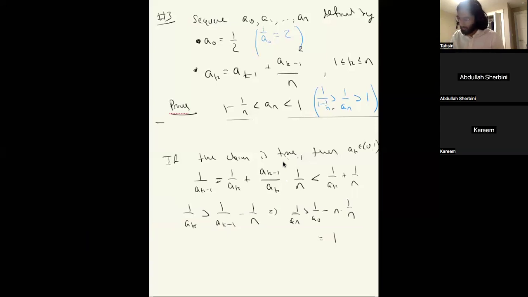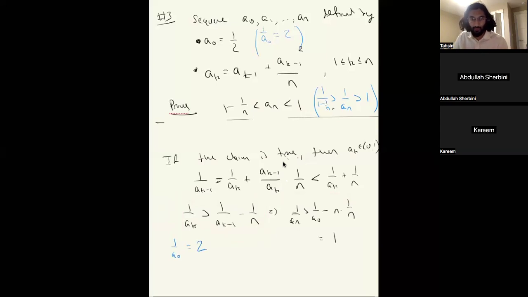So I guess you understood up to here. This one is equivalent to this. I've just rewritten the first inequality as this. And then what is the point? We have a0. A0 is a half, so 1 over a0 is 2.